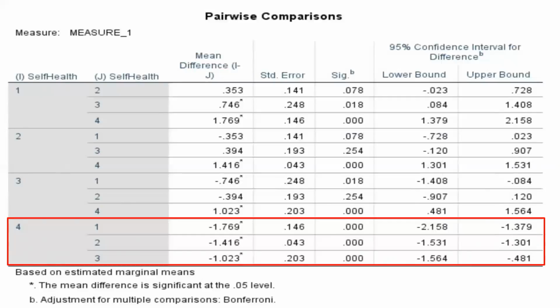You can see here the category 4, or the status that's reported as fair, has the most statistical significance compared to the other categories: excellent, good, and very good. And you can see the mean difference right here.